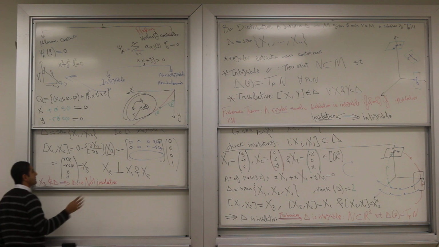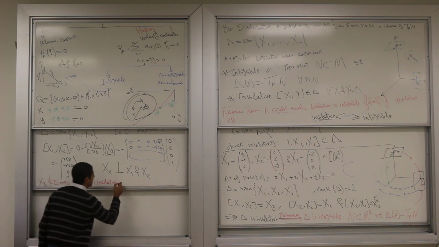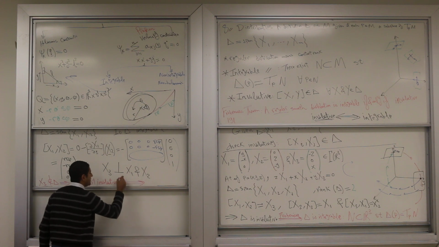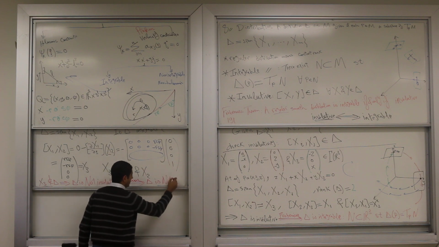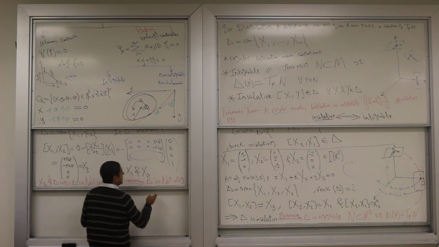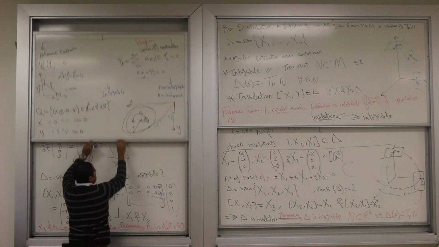Involutive means the Lie bracket is in the set. If it's not involutive, by Frobenius, delta is not integrable. Delta is not integrable means that you cannot integrate your constraints.